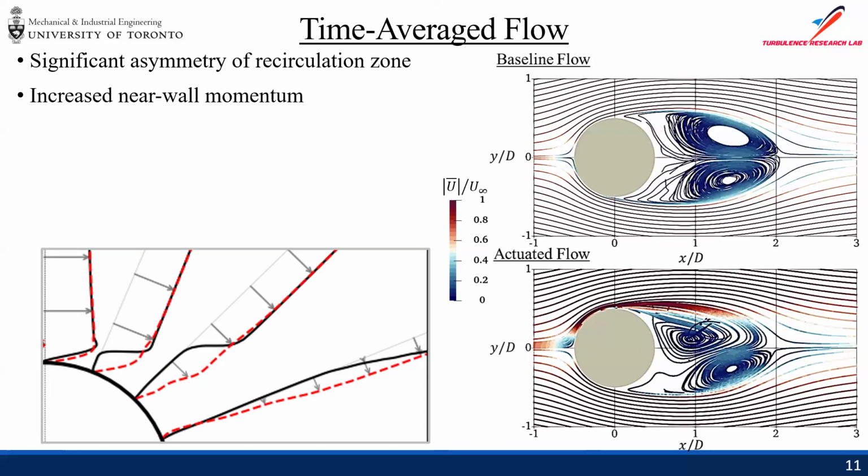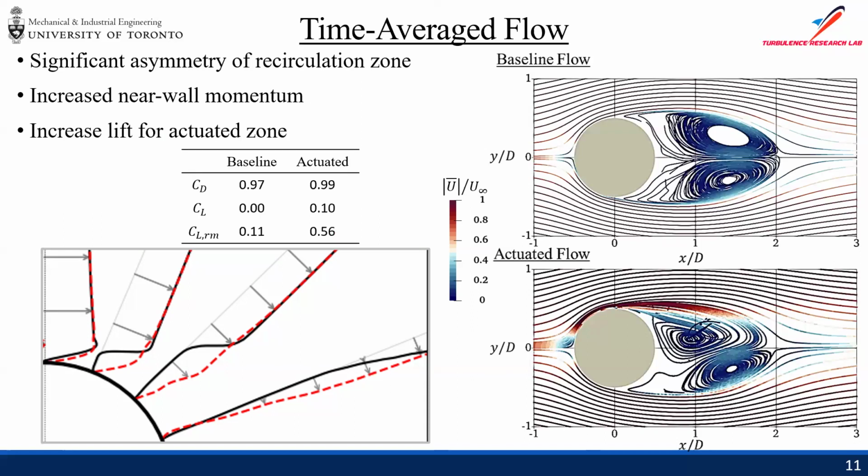But here, it's actually delaying separation by at least 45 degrees by increasing the near wall momentum of the actuated case in red. This comes up to a lift generation, an increase of lift coefficient from 0 to 0.1, but also came with a very marginal increase of drag coefficient.